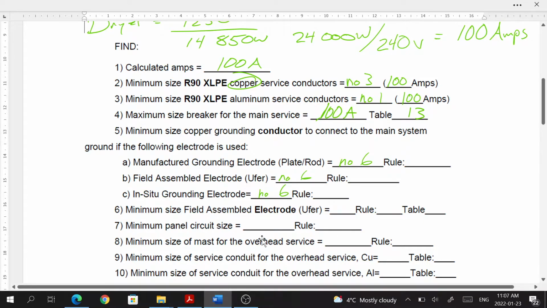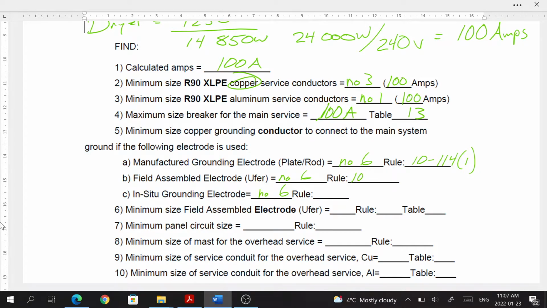And the rule we look at for that is going to be 10-114 subrule 1. And that indicates that we always need a number 6.